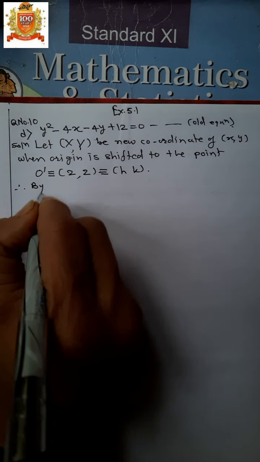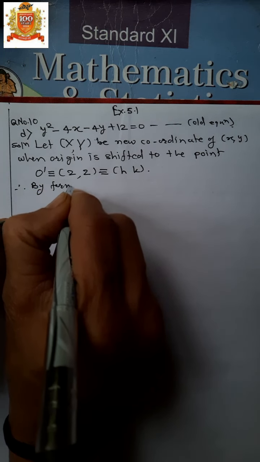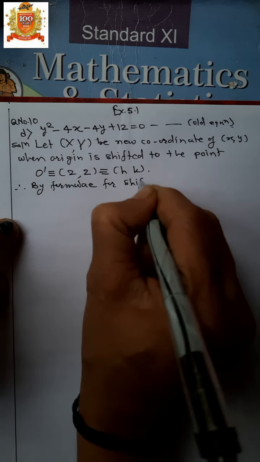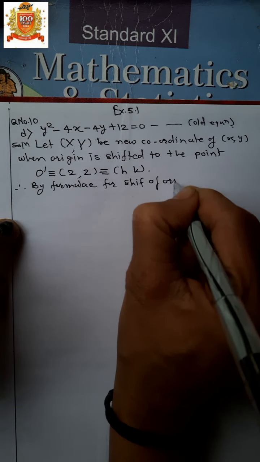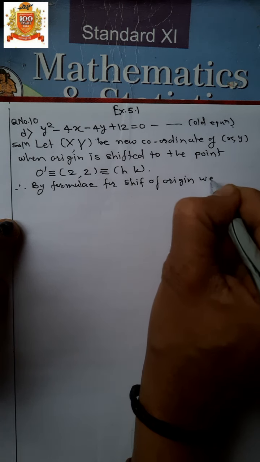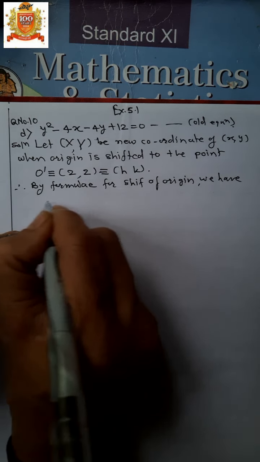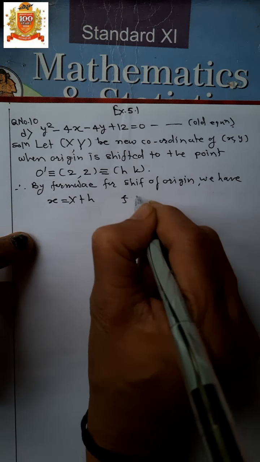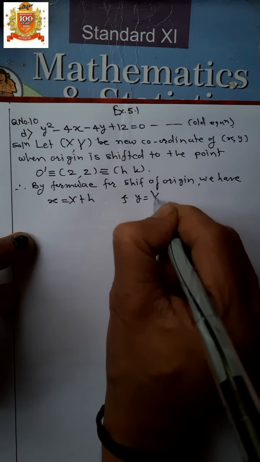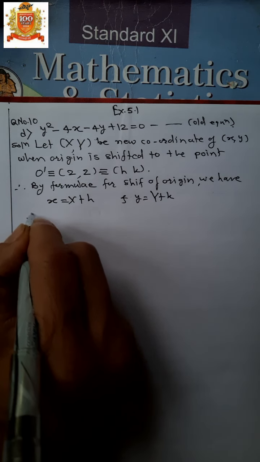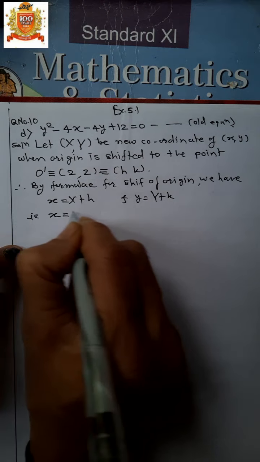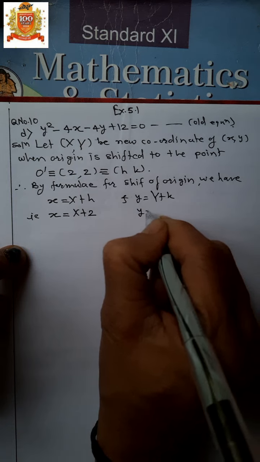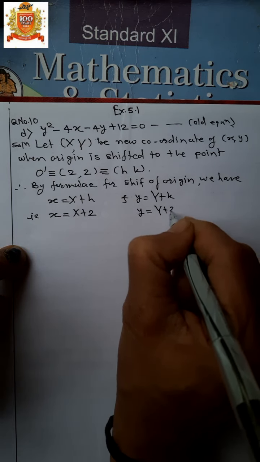Therefore, by formulae for shift of origin, we have small x is equal to capital X plus h and small y is equal to capital Y plus k. That is, small x is equal to capital X plus 2 and small y is equal to capital Y plus 2.